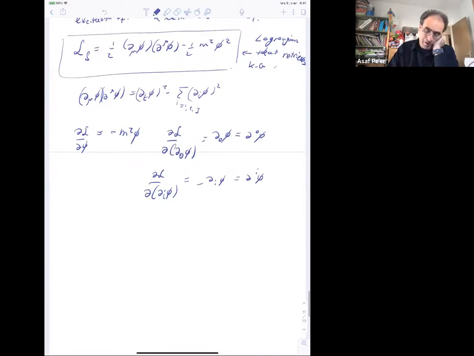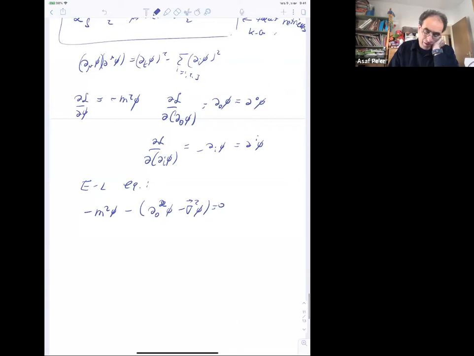So the Euler-Lagrange equation: minus m squared phi minus d_0 squared phi plus the Laplacian of phi is equal to 0, which is equivalent to writing d_mu d^mu phi plus m squared phi is equal to 0, which is of course the Klein-Gordon equation.